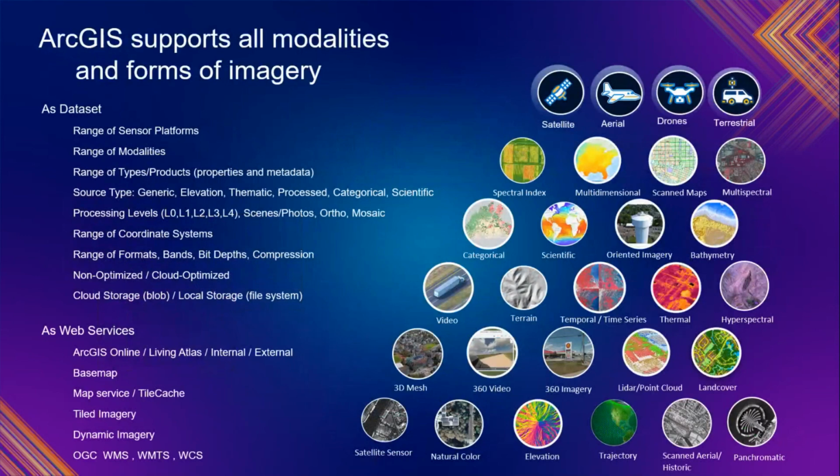One thing that's very unique in ArcGIS is the ability to support all different modalities of imagery. When most people think about imagery, you might think about a satellite image that you might see as a base map. But there are so many different types of images. This is just a list of some of them. Things like scanned maps. You may have old maps that you've scanned into the system.